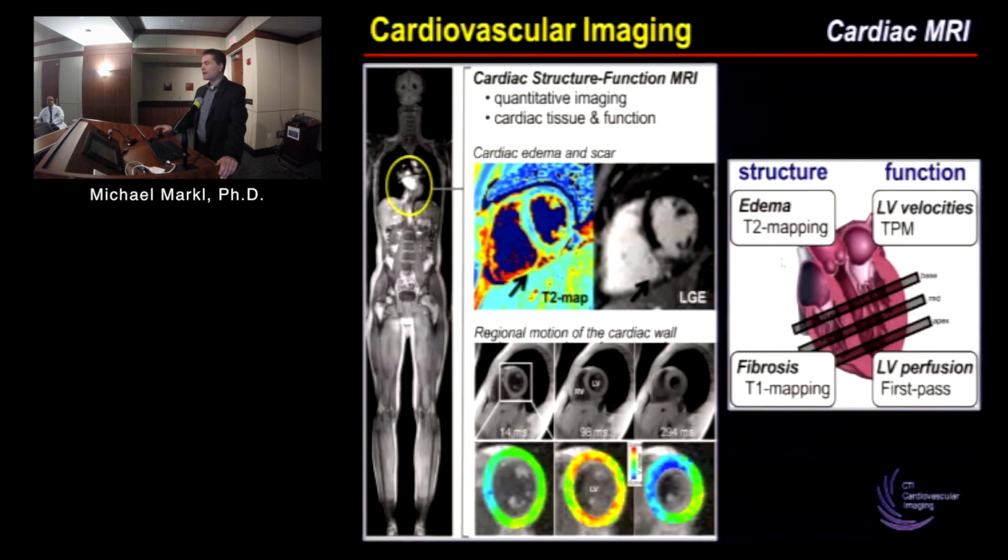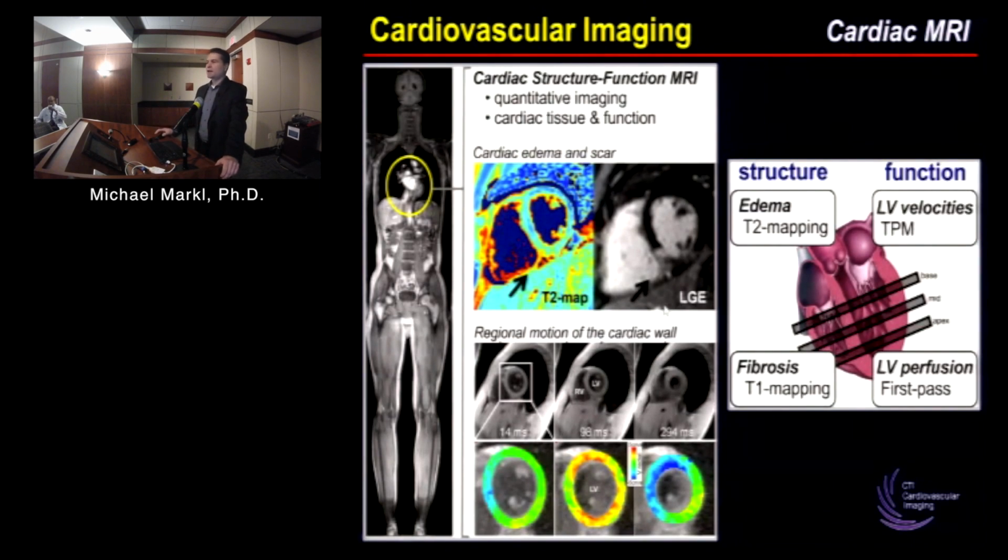Some of the key words here are T1 mapping and T2 mapping to assess left ventricular fibrosis and edema, or imaging of left ventricular function or perfusion, and coming up with more quantitative metrics of cardiac structure or function, such as fibrosis, and how that can be related to regional functional abnormalities, such as reduced left ventricular velocity. That's a big focus area for us.